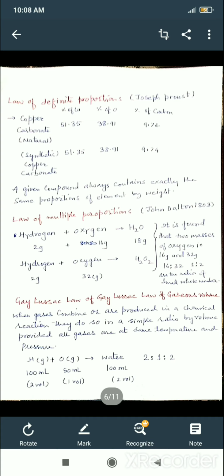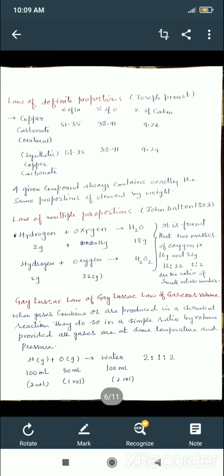See the nice example: hydrogen plus oxygen, everybody knows, is converted to water. 2 grams of hydrogen, because of atomic mass, plus oxygen 16 grams, gives a total H2O of 18 grams. In hydrogen peroxide, H2O2, 2 grams of hydrogen reacts with 32 grams of oxygen, that is 16 into 2. In the case of water, H2O, 2 grams of hydrogen reacts with 16 grams of oxygen.